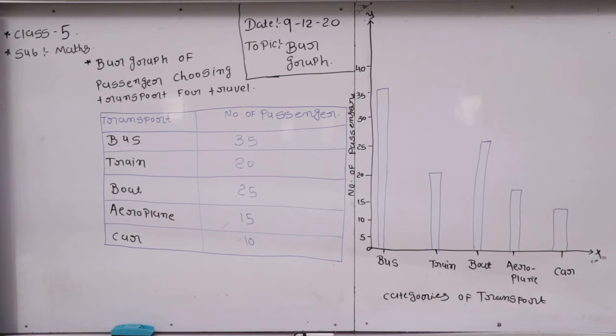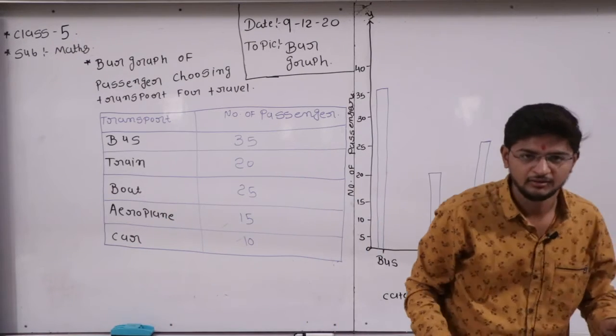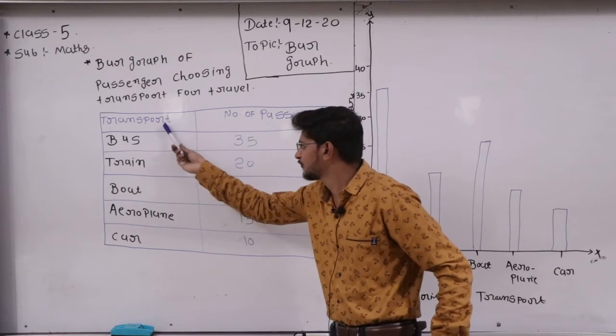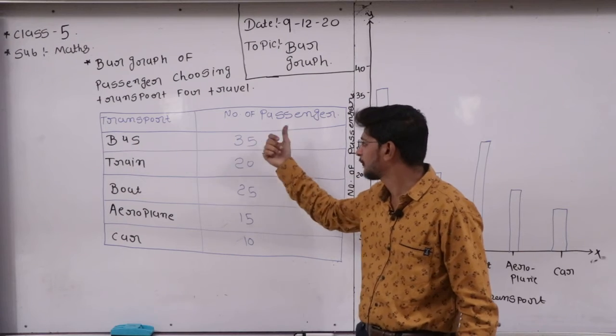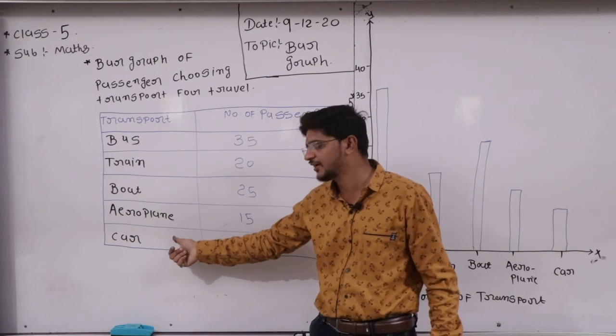Our bar graph is for passengers choosing a transport to travel, right? So we drew one table. First column is for the categories of transport, and second is the number of passengers. We take 5 categories here: bus, train, boat, aeroplane and car.